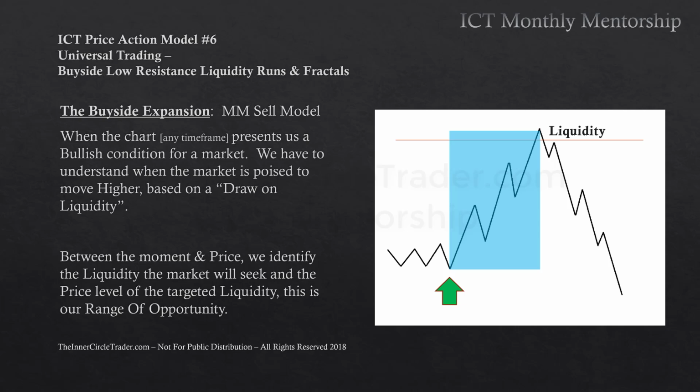Okay, so before it turns and reverses, everything to the left of the reversal point is our range. Okay, so we're trading between where we believe there's a discount array up to our targeted premium array. There may be two opportunities using the model as a market maker sell model. It doesn't have to create two, but we will look for one.